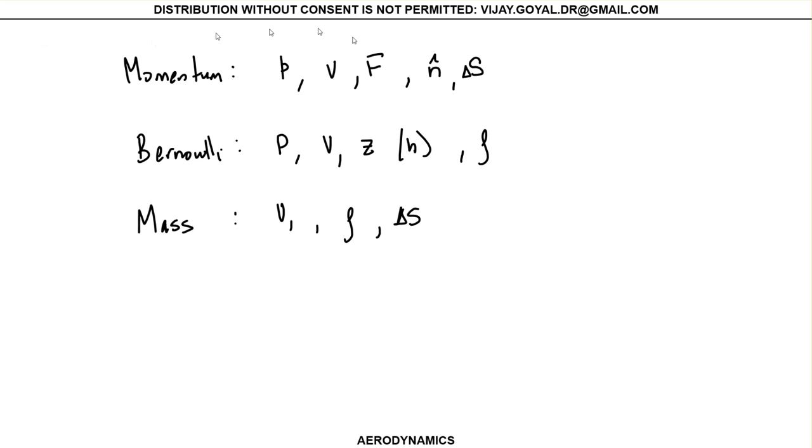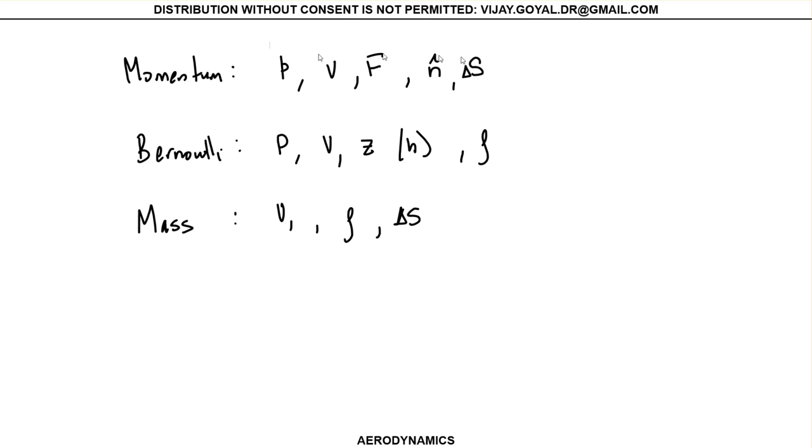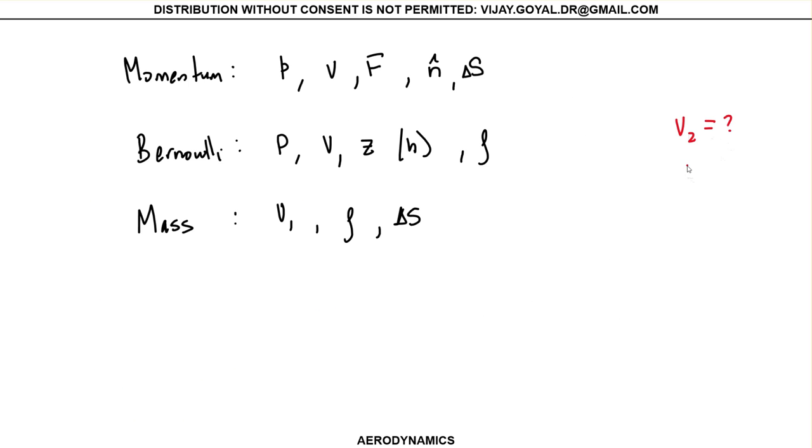In the problem, as we just found, I need to find V2. So I do not have V2. This is not known. I do not know what my P2 is.